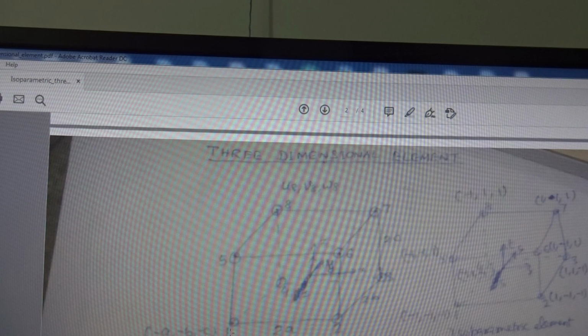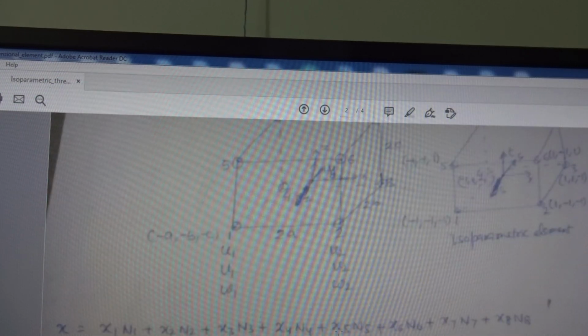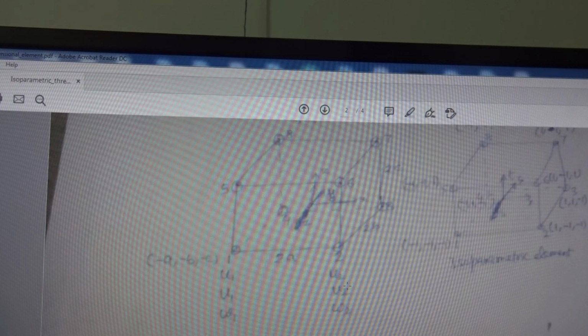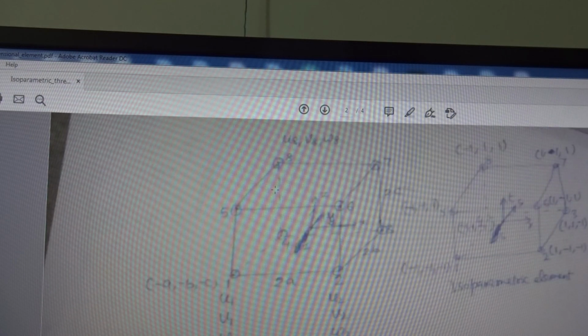So one node has 3 degrees of freedom. Similarly, node 1 has 3 degrees of freedom, node 2 has 3 degrees of freedom, and similarly for nodes 4, 5, 6, 7, 8. So the total degrees of freedom becomes 24, and you can get the B matrix.